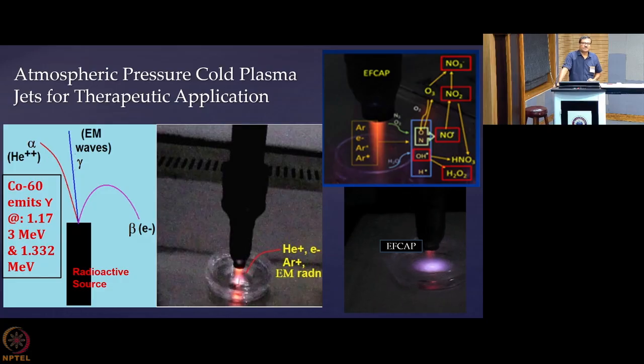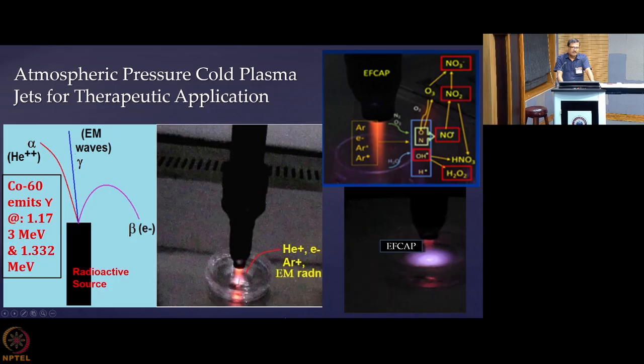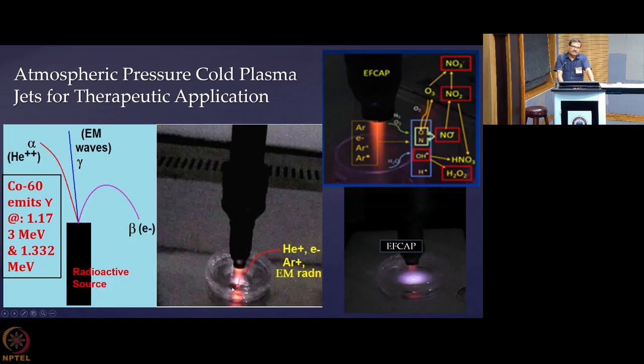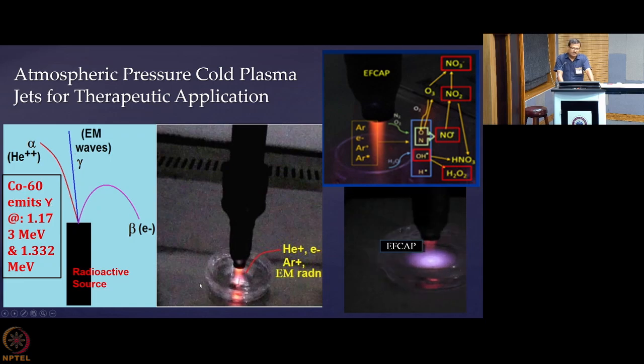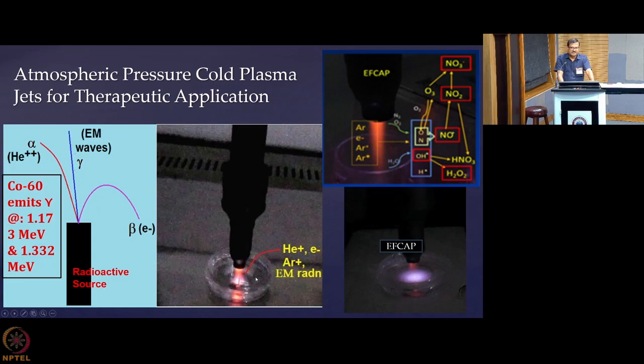Now suppose you are producing a helium plasma, then what are you getting? You can get helium ions. So if you are able to doubly ionize that, then that is nothing but your alpha particle. And then as you have created a plasma, it is full of electrons, they are nothing but the beta particles, and electromagnetic radiation is a part of the plasma whenever it is generated.